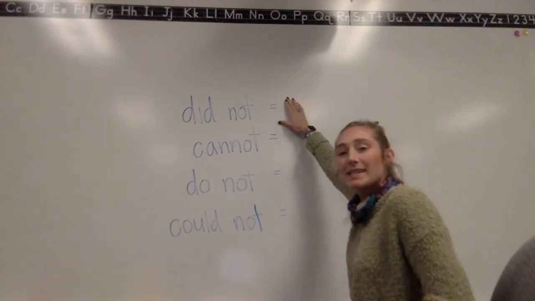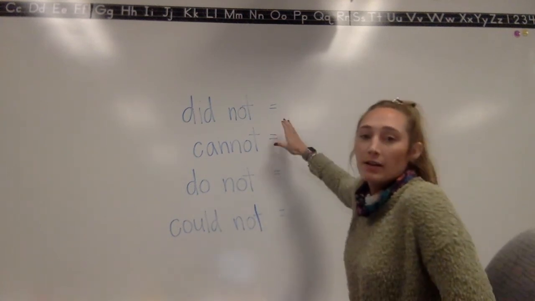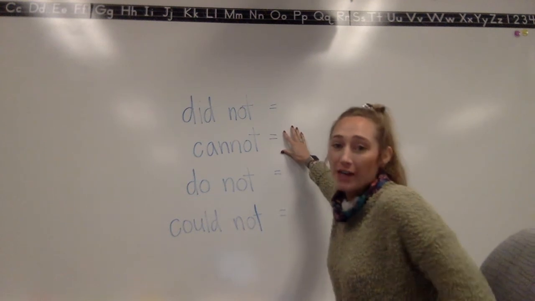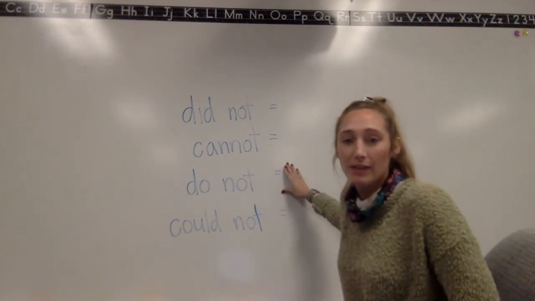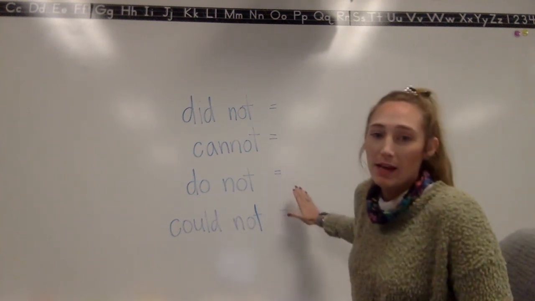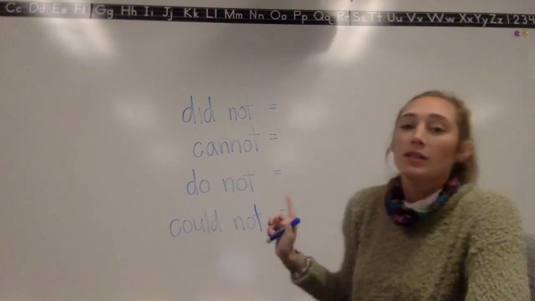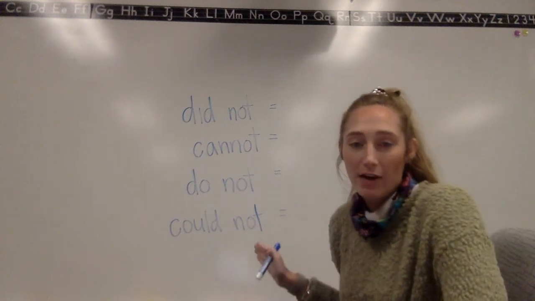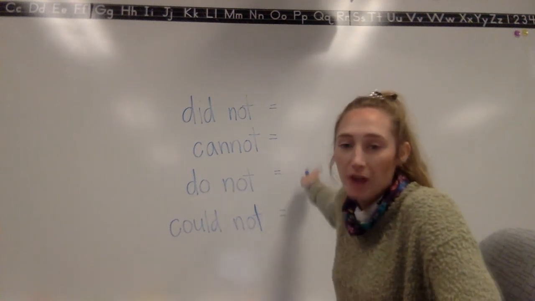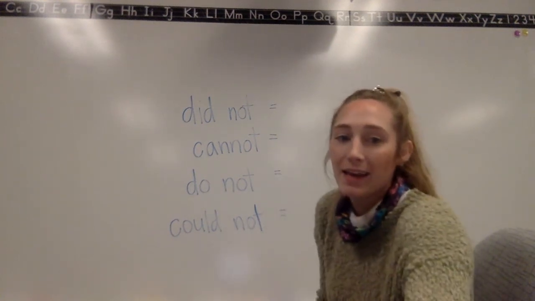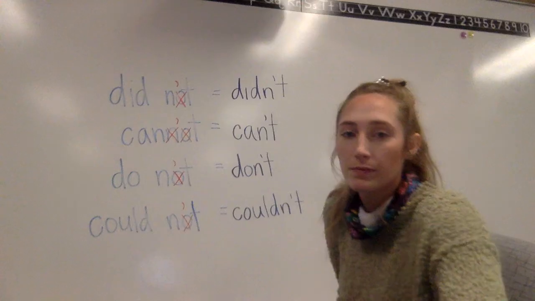The top one says did not. The second one says cannot. The third one says do not. And then the last one says could not. So I want you to pause this video, write these down, and see if you can figure out the contractions, and then I will come back and answer them with you.